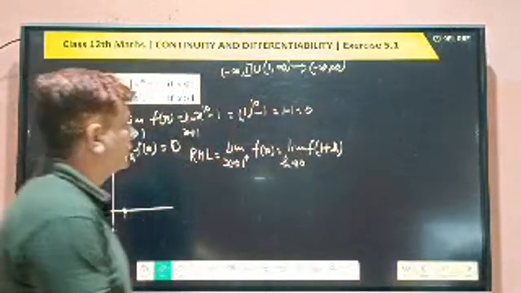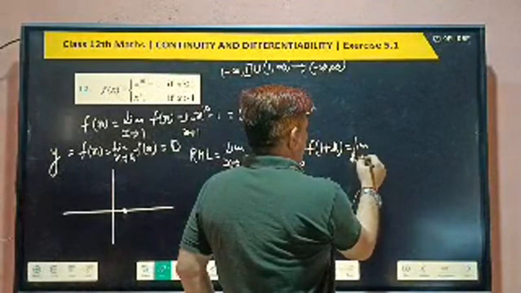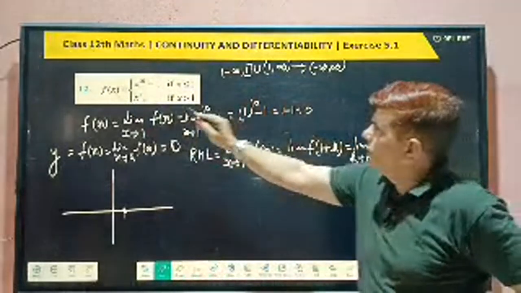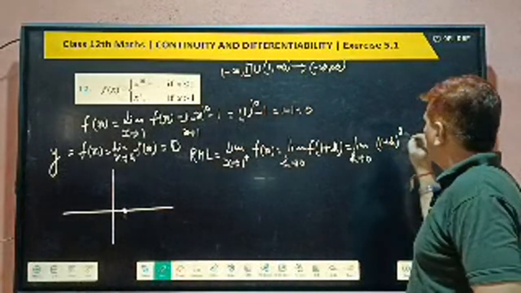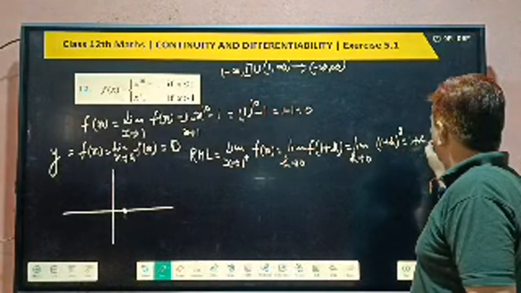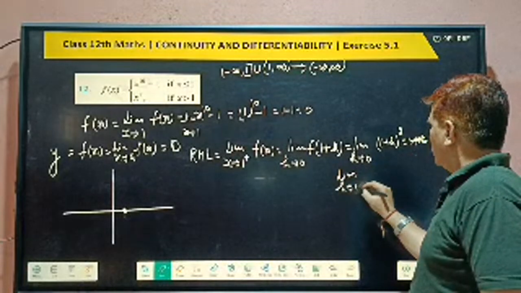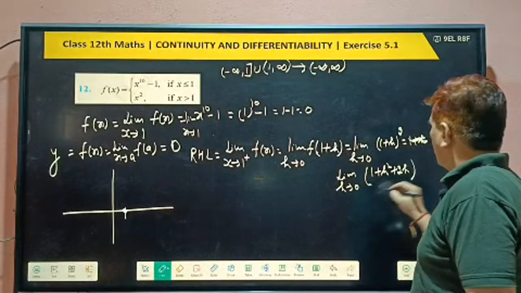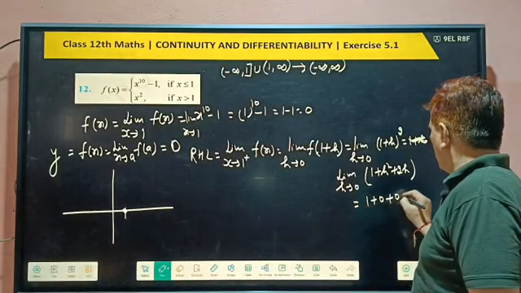So what's coming? It is equal to limit h tends to 0 of, here we can write, (1 plus h) whole square. So this is equal to limit h tends to 0 of 1 plus h square plus 2h. If you apply the limit on it, it becomes 1 plus 0, which is equal to 1.